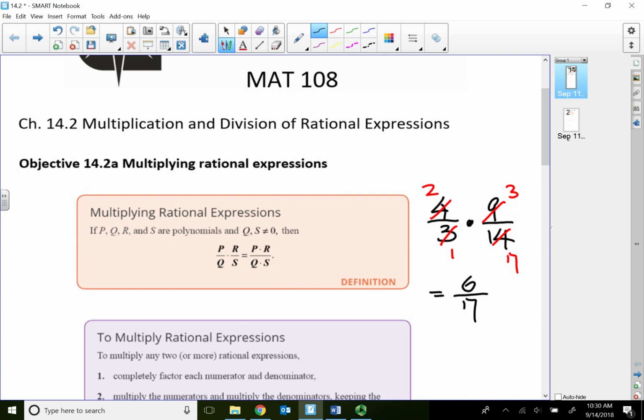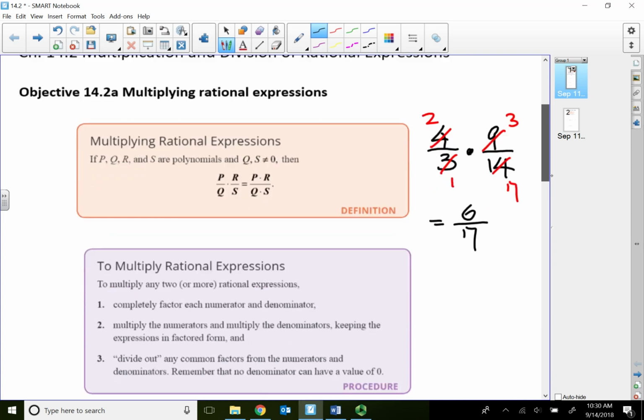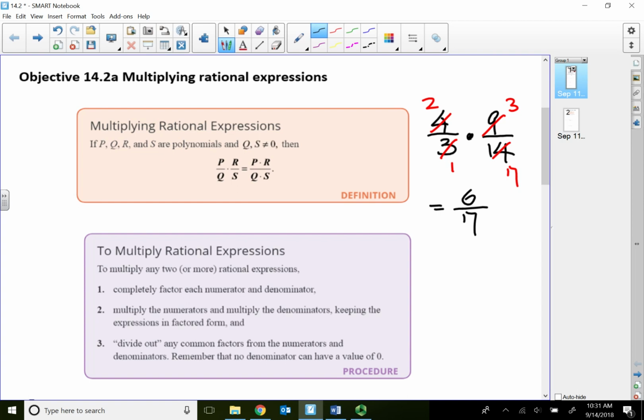All right, so let me rewrite this a little bit. I want to show y'all the same problem a little bit differently. Just look at it differently. 4 over 3 times 9 over 14. If I break down 4 with prime numbers, 2 times 2 over 3, which is a prime number already, so that would just be 3, times the numerator 9 is 3 times 3 over 14, we can say that's 2 times 7.